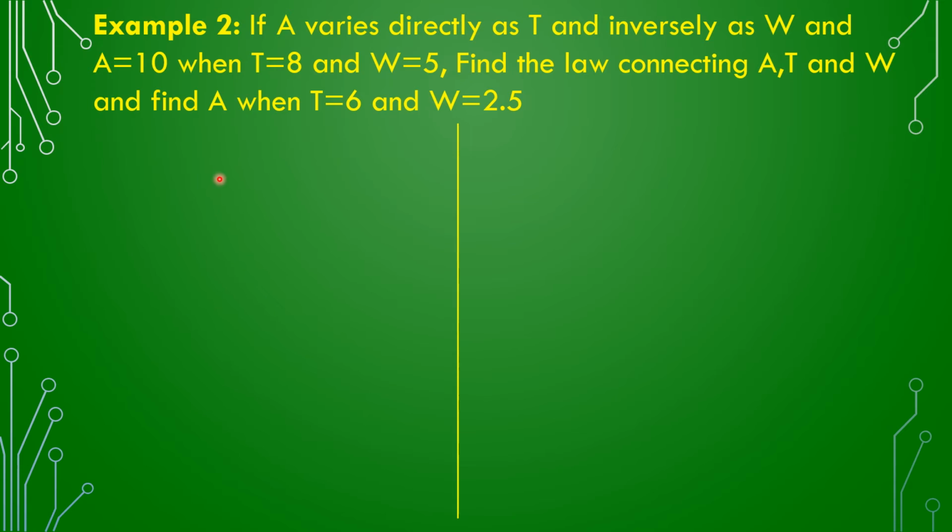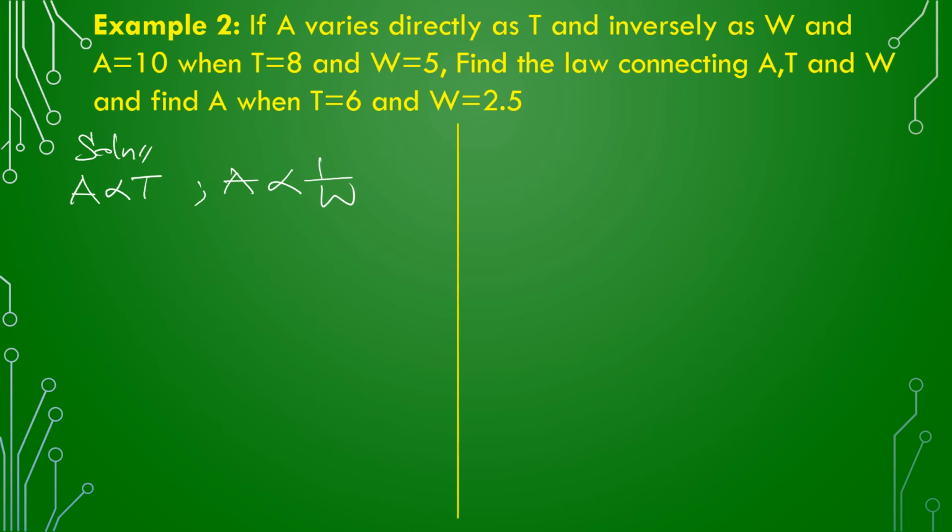So on this channel, we give you the key points so you can solve any question in mathematics. So let's do justice to this. It says if a varies directly as t and the same a varies inversely as w, okay? Now this 1 over w means inversely.